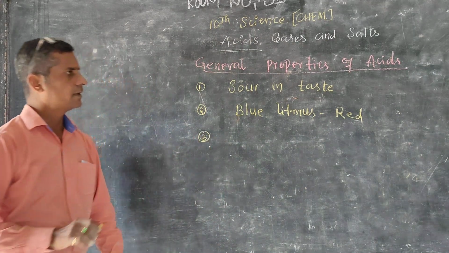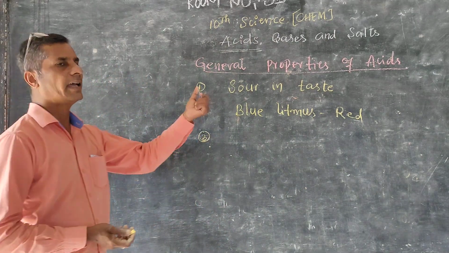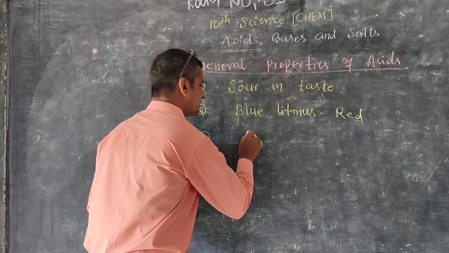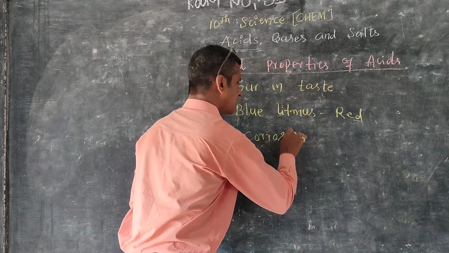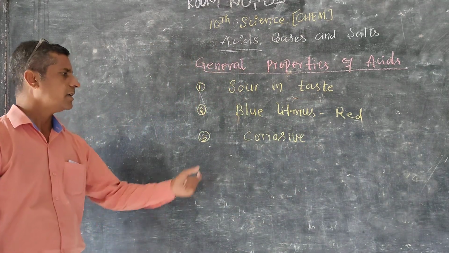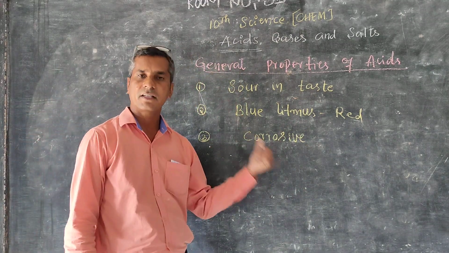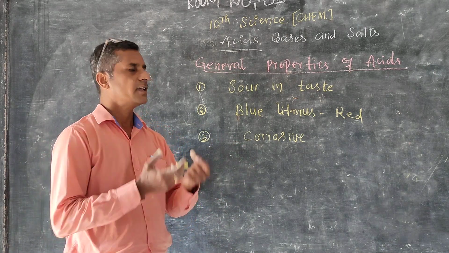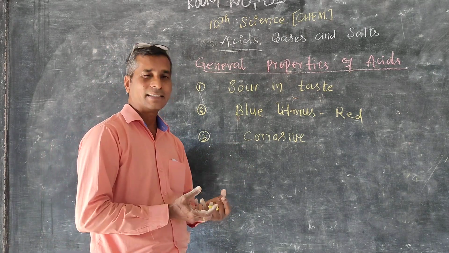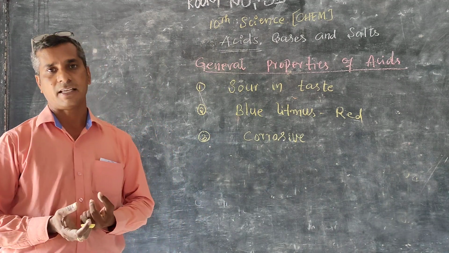At the same time, another important property of the acids, generally the acids are corrosive. Students, what is the meaning of corrosive? That means the acids are generally very reactive. Whenever the acids react with the metals, they decrease the strength of the metal.